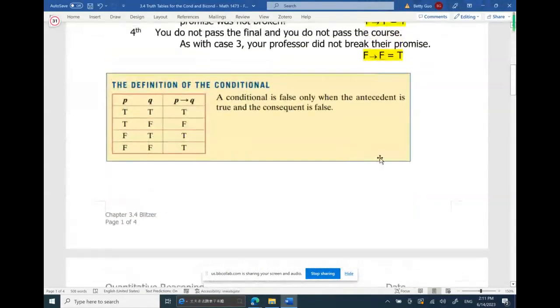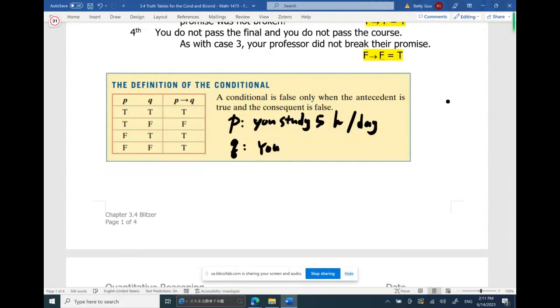We are going to talk about an example, all right? Here P is: you study 5 hours every day. That's what you are supposed to do for this course. Q here is: you get an A from this course.